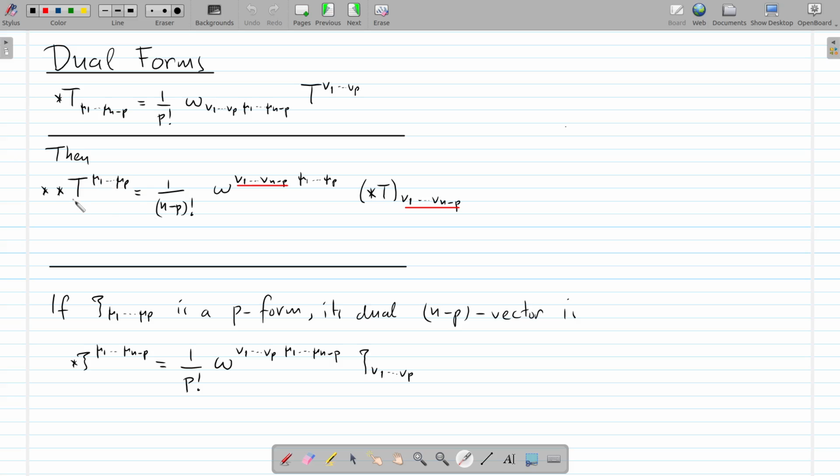So here we have taken the dual of the dual of T, and since this is an n minus p form, this is obtained by the contraction of n minus p indices of the inverse omega. We have here an n minus p factorial because of this, and this leaves p free indices upstairs. So this is a p vector, similar to T.